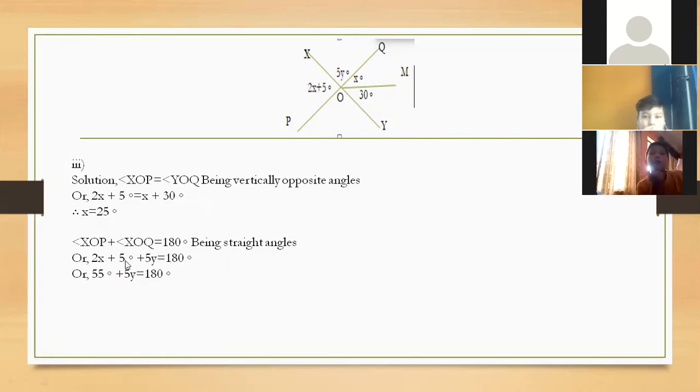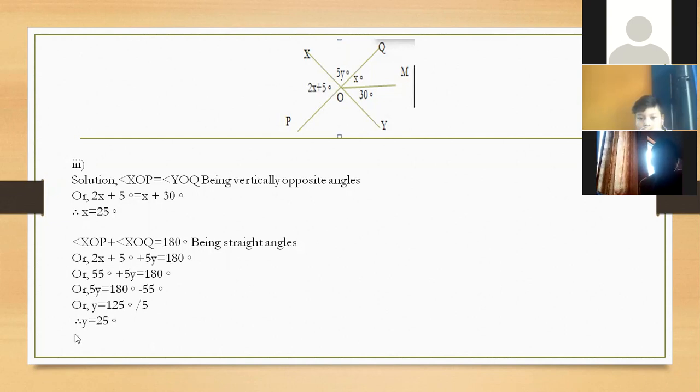Then 5y will be here, and when 55 goes to this side, it will be minus 55. 180 minus 55 means 125, and the 5 comes here to divide. 125 divided by 5, then you will get the value of y, 25 degrees. Are you clear? Yes, sir.